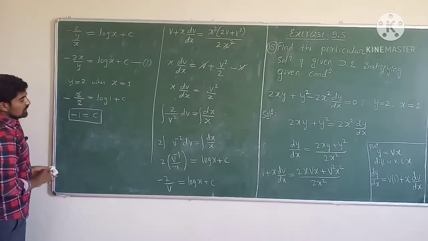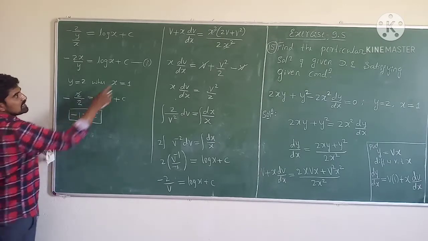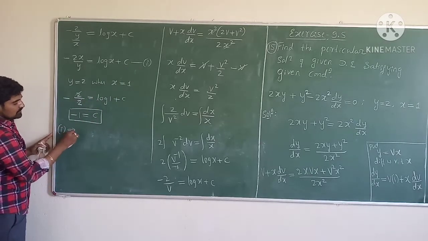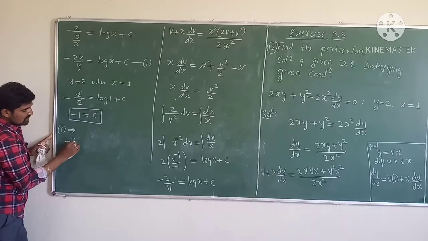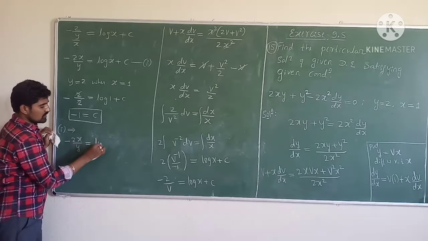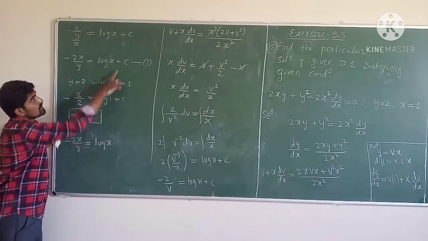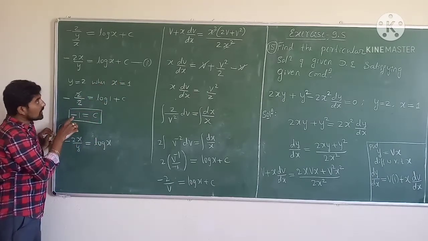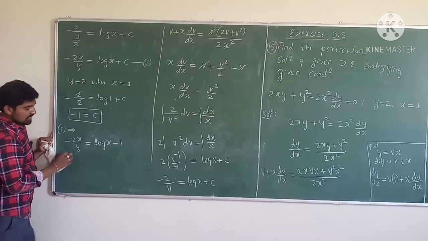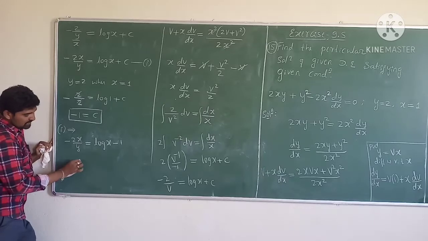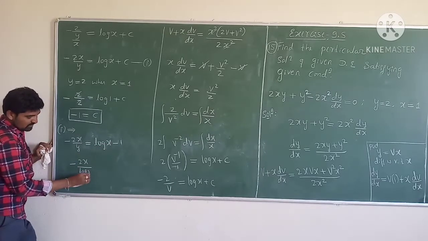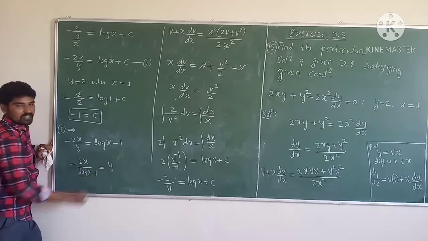Now substitute this value of c in equation number 1. So equation 1 is minus 2x divided by y is equal to log x plus c. The value of c is minus 1, so log x plus minus 1. Now hence minus 2x divided by log x minus 1 is equal to y.